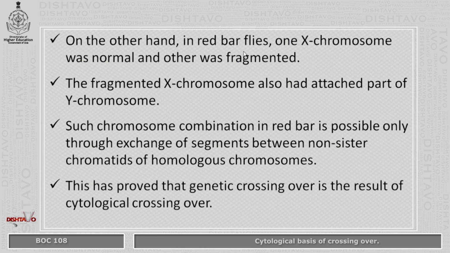On the other hand, in the red bar flies, one X chromosome was normal and the other was fragmented. The fragmented X chromosome also had an attached part of the Y chromosome. Such a chromosome combination in red bar is possible only through the exchange of segments between non-sister chromatids of the homologous chromosomes. So this has proved that genetic crossing over is the result of cytological crossing over.